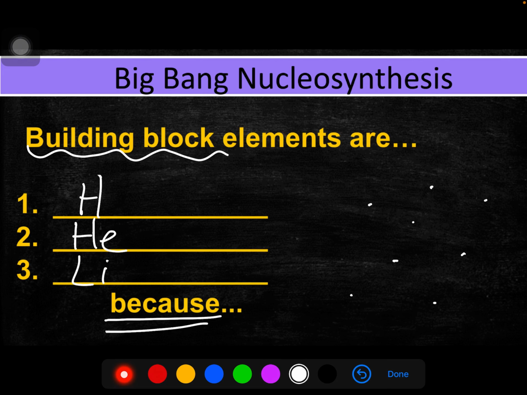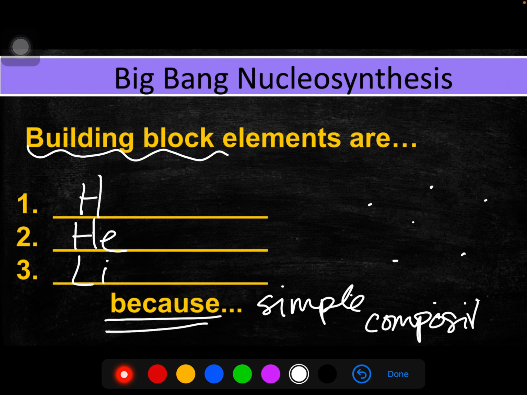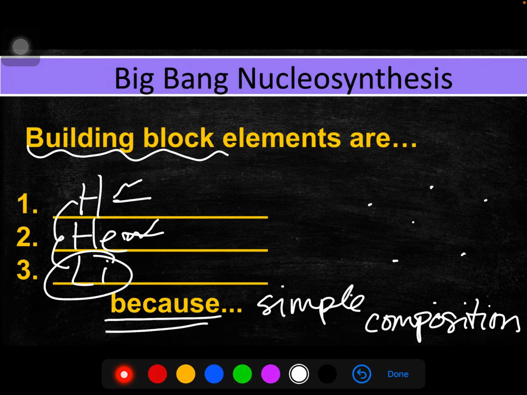And we said those are those initial building block elements because of their size. They have a really simple composition, right? They're so small, just a few particles needed to make hydrogen, a few particles needed to make helium. Oops, I mixed those up. Hydrogen, helium, right? And then these two can easily start to combine to make lithium. They're so small, gravity doesn't need to be super strong to pull them together. So that's what we recapped yesterday.